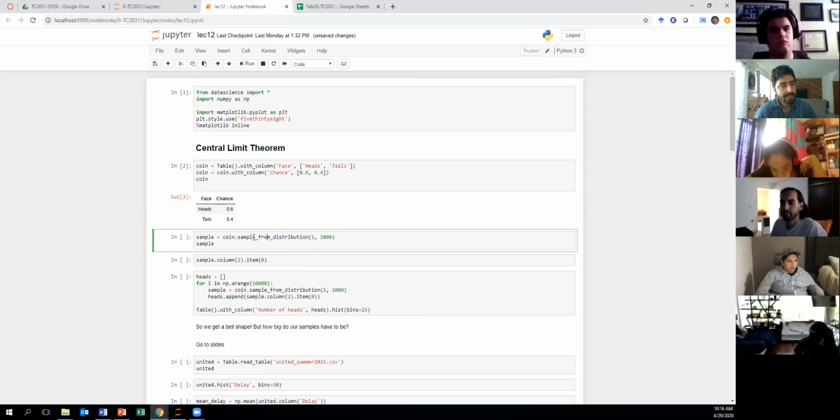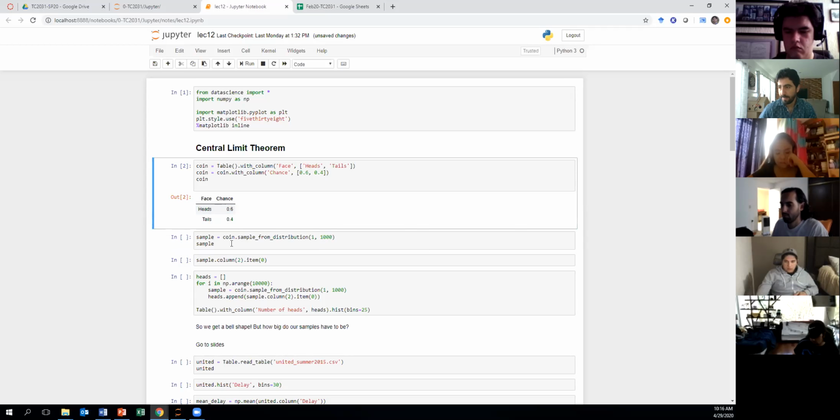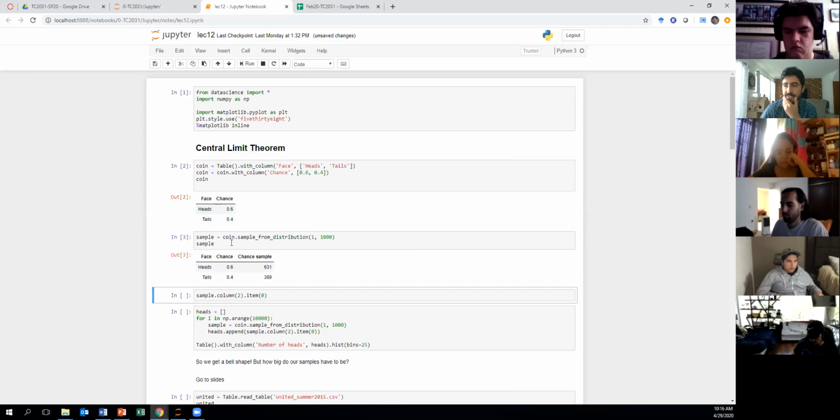We used it in that county example, Swain versus Alabama, where we had a jury with different possibilities of being in our samples. So this is sample from distribution. I'm going to take 1,000 samples from this table, considering these chances, because it's an unfair coin. If I take the samples, I'm going to have this table.